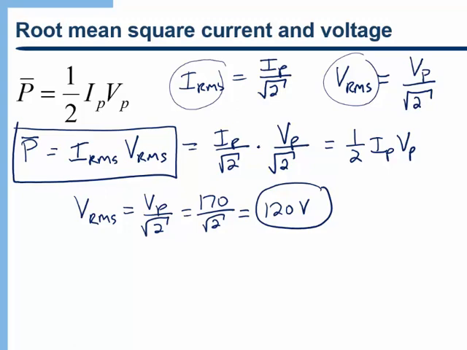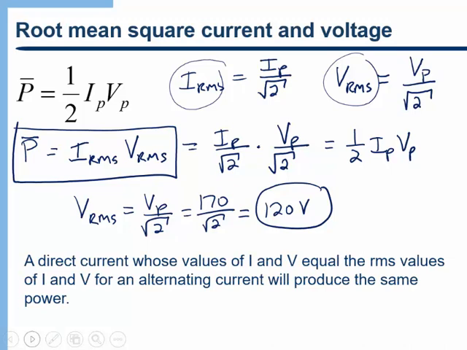In other words, that is the DC equivalent value of an AC voltage that goes between negative 170 and plus 170 volts. By the way, if you think back a few chapters to when we were talking about household circuits and safety, all the numbers that I used in that chapter were RMS values.